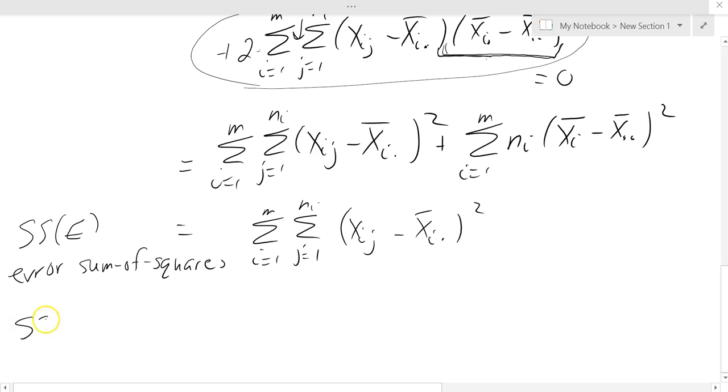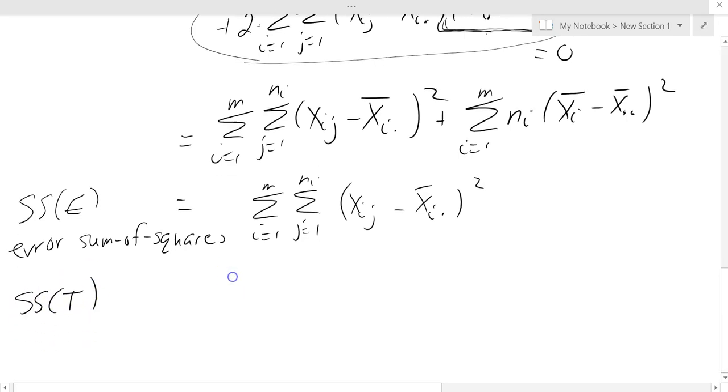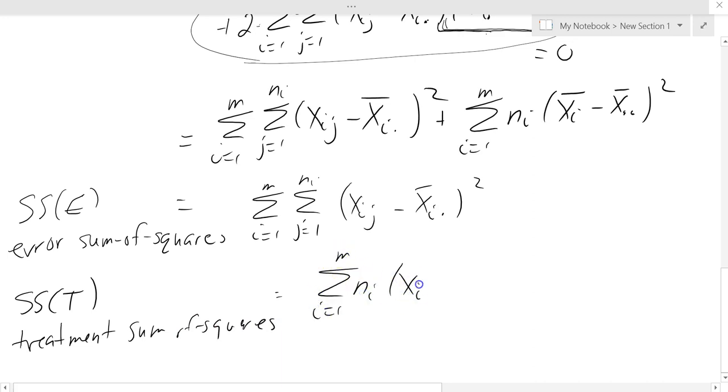The other one is your treatment sum of squares. Notice it's still an error idea, but it's looking at the difference of the sample means from the overall mean.